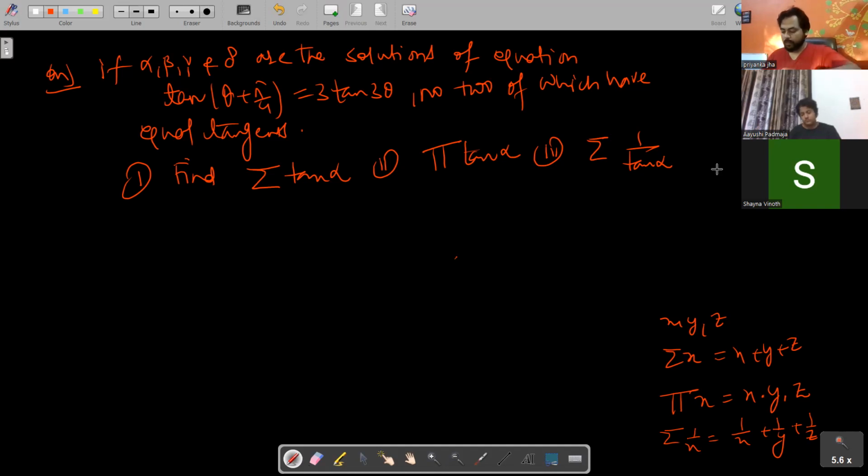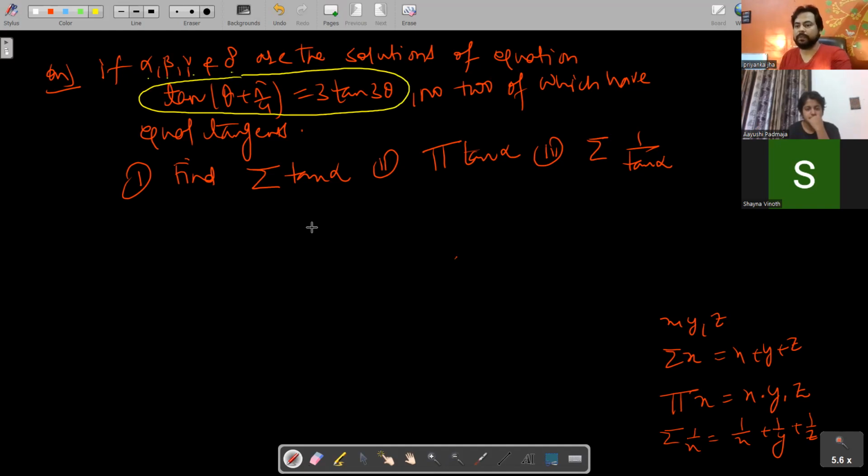So, can you explain it? Yes, I will explain. See, it is saying that alpha, beta, gamma, delta are the solutions of the equation. This is the equation that is given. We have to use this. So tan of theta plus pi by 4 equal to 3 tan 3 theta.